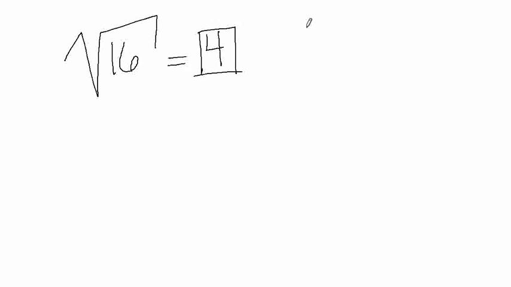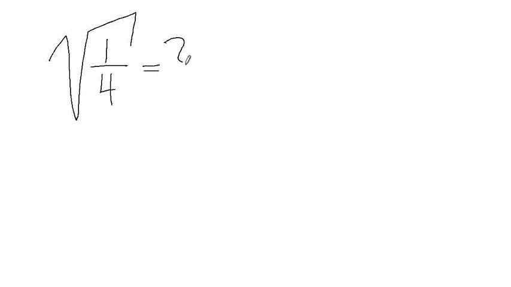Okay? Now, this also works with more complicated numbers like fractions. How about the root of 1/4? So we still have to find a mystery number, and it's still true that if I square that mystery number, I get the number below the radical.